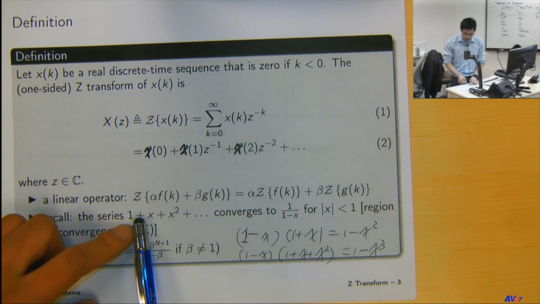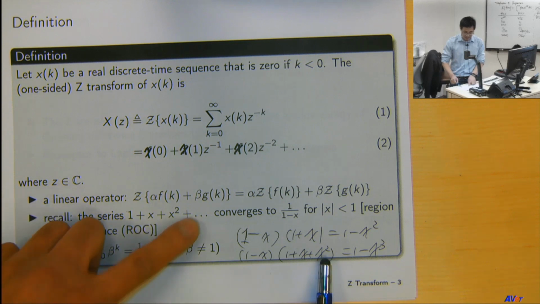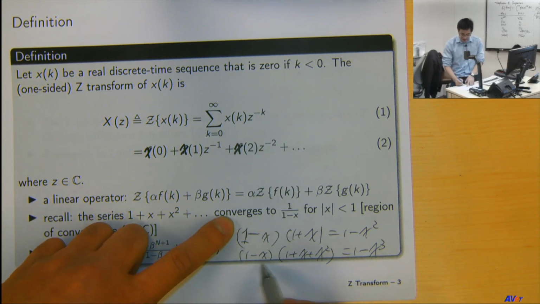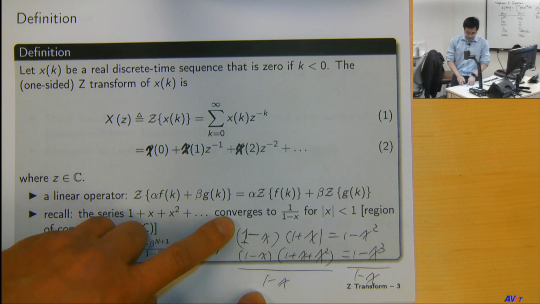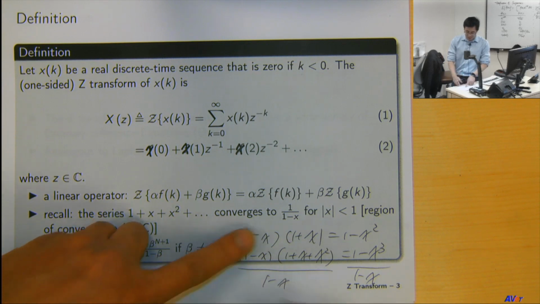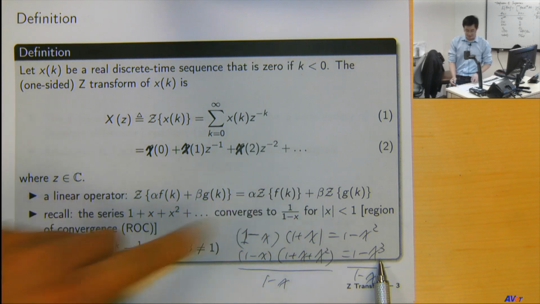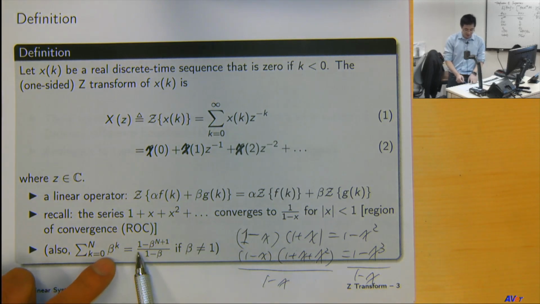This series, 1 plus x plus x squared, and then adding up all the way to infinity, will converge to, just divide both sides by 1 minus x, 1 over 1 minus x if the magnitude of x is less than 1. This is just another way of writing this down.